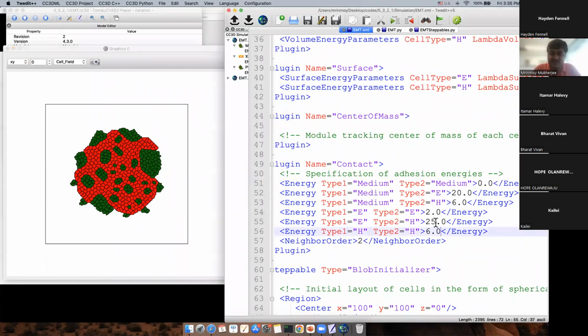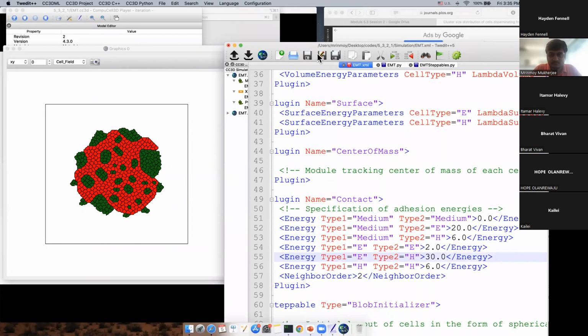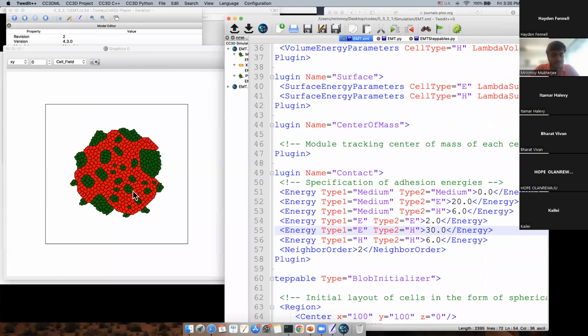If you are getting this, just change this to a little bit higher, say 30. Let me know what is happening there. Just change a little bit more, 30, say.